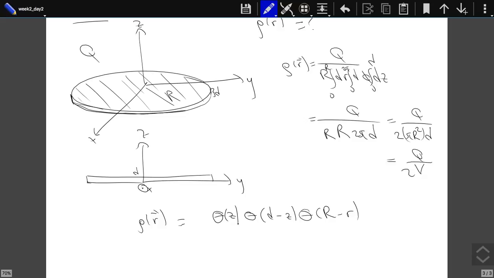So these two make sure that the density is 0 if Z is less than 0 or Z is larger than D. This makes sure that the density is 0 if r is larger than R. So it is only non-zero within our volume. And your claim is that this rho should be equal to Q over 2V. This is your claim, right?